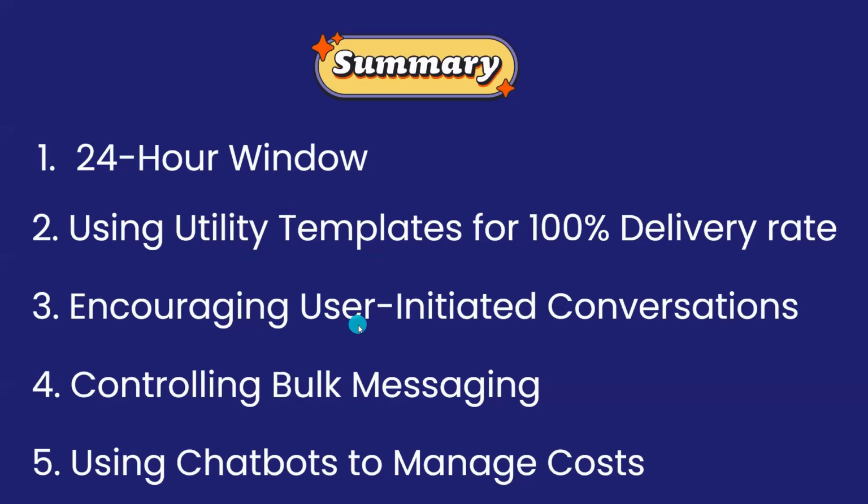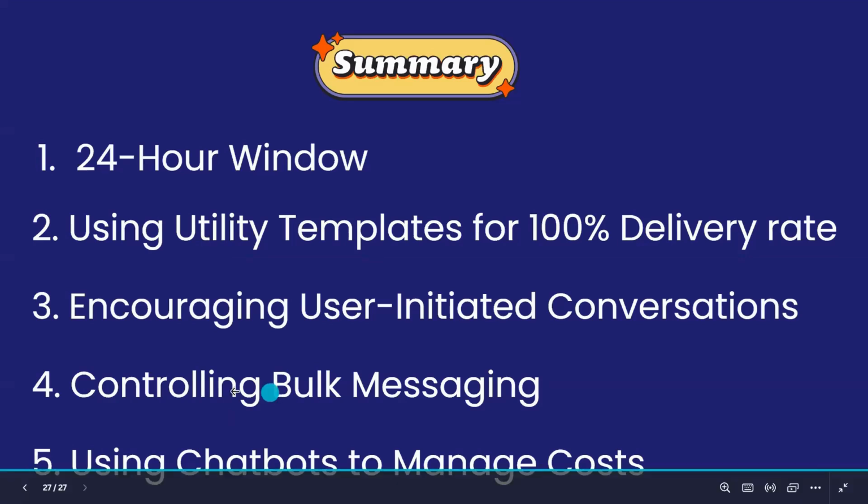And for encouraging user initiated conversations, you can add buttons and click to chat widgets on your website and landing pages. For controlling bulk messages, instead of randomly sending bulk messages to 10,000 or 5,000 users, you can segment the users and send them targeted, personalized messages.